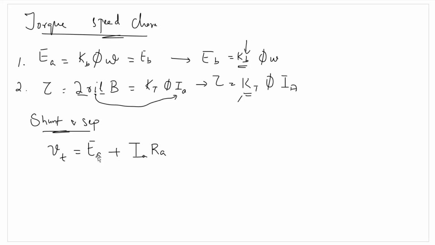So instead of using Ea, I'll be using Eb here. The applied voltage is equal to the back EMF plus Ia Ra.